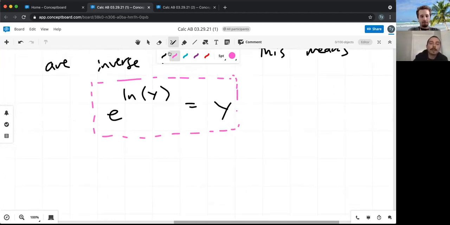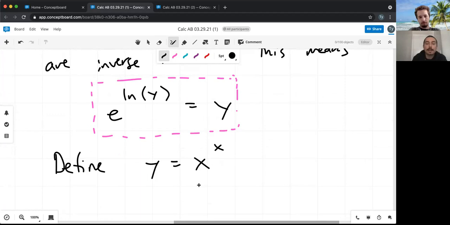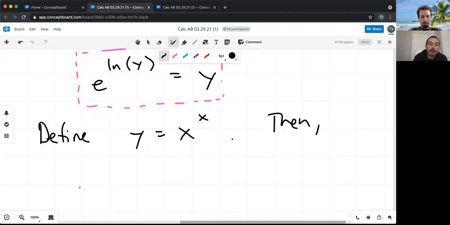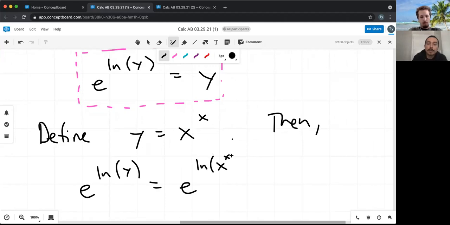So we are going to define y to be our function, x to the x. Then we have e to the natural log of y is equal to e to the natural log of x to the x. And from another log rule, this is the same as x natural log x, right?